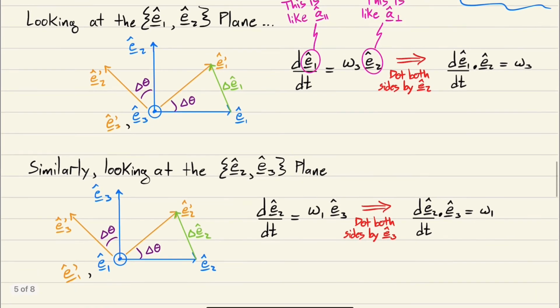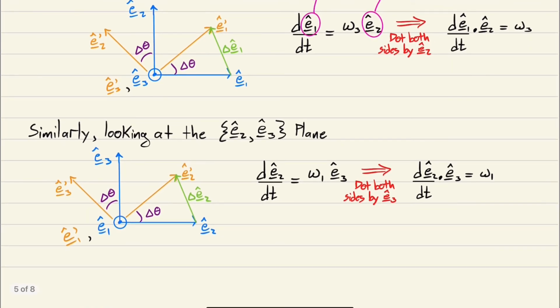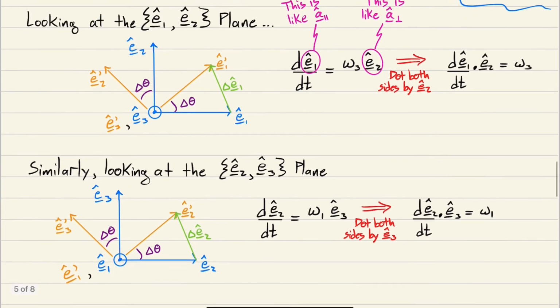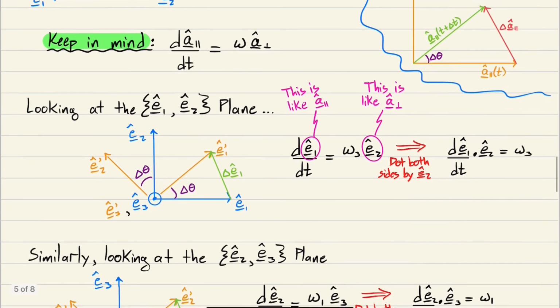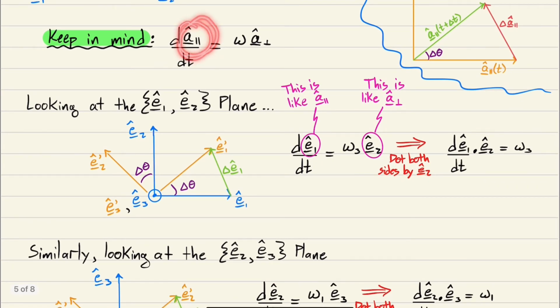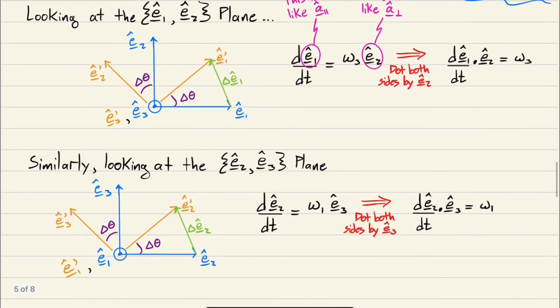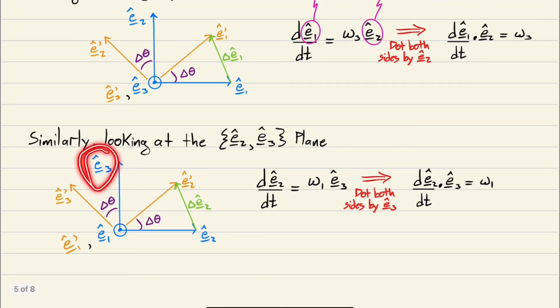We're going to do the exact same thing, but looking in the E2, E3 plane. Say we're rotating about the E1 direction. What is our parallel now? Our parallel is E2. What is our perpendicular in this case? Our perpendicular is E3.